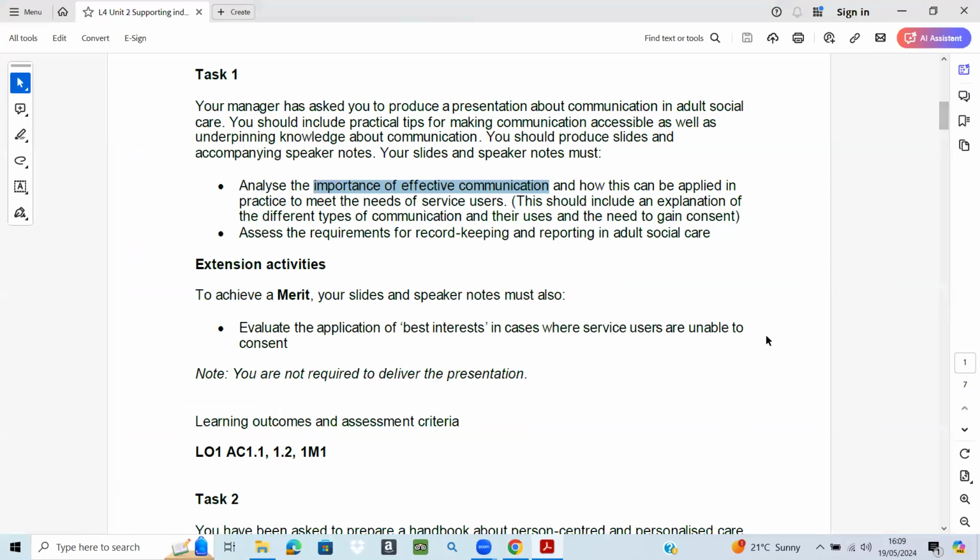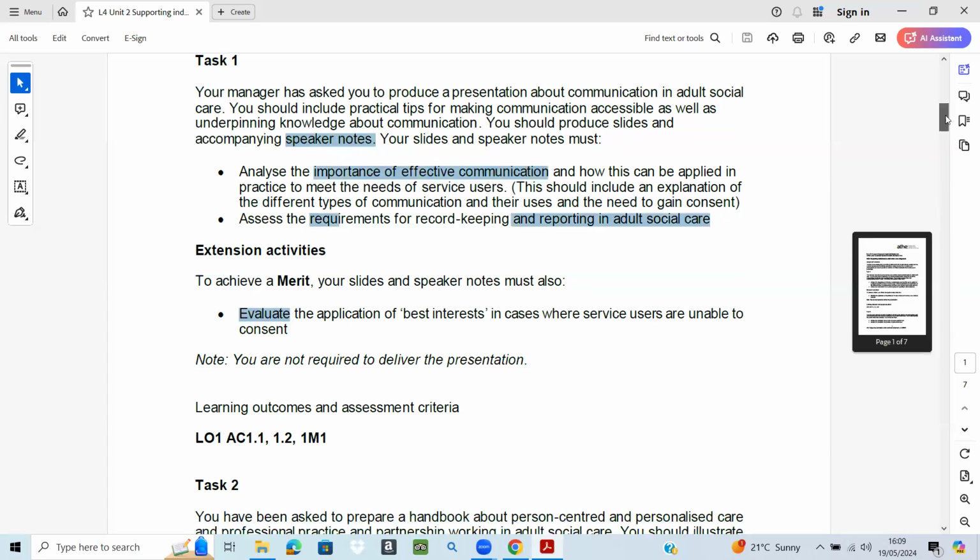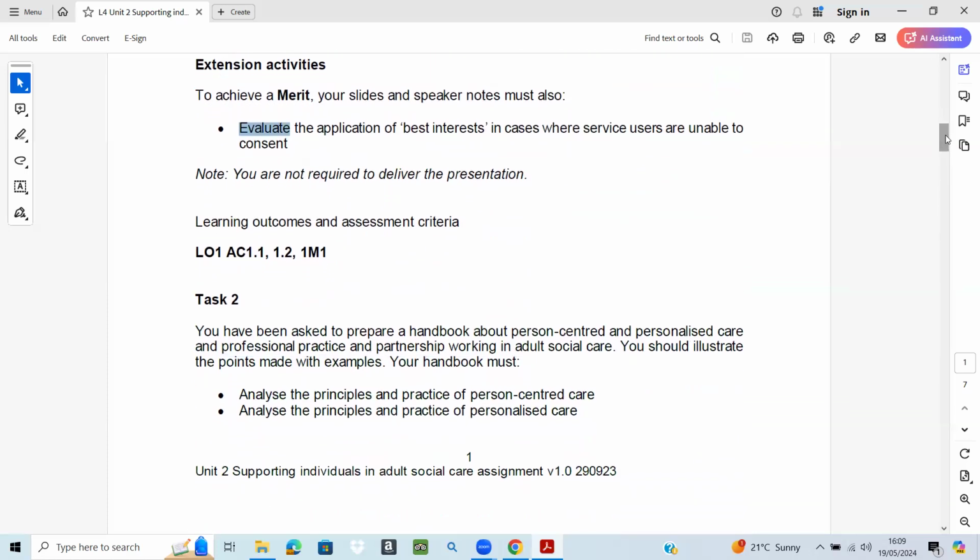Then, for example, in this one, they are discussing that to achieve a merit, we need to evaluate. So again, here the command verb is this, so we need to use the same. We need to evaluate the application of best interest in cases where service users are unable to consent.